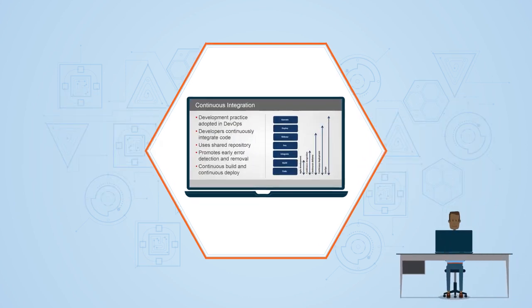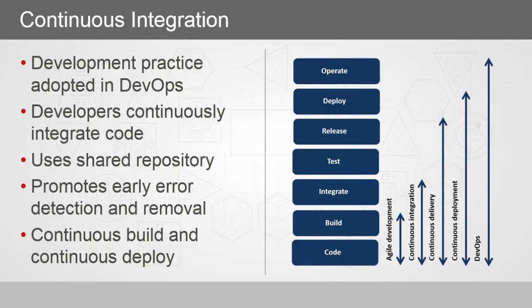Since development involves a team, there's a need for better collaboration, and in order to enable better collaboration among the team, we can adopt the culture of DevOps. And continuous integration is one of the major implementations which fulfills DevOps practice. Now, we need the developers to continuously integrate code rather than have them integrate code after development.